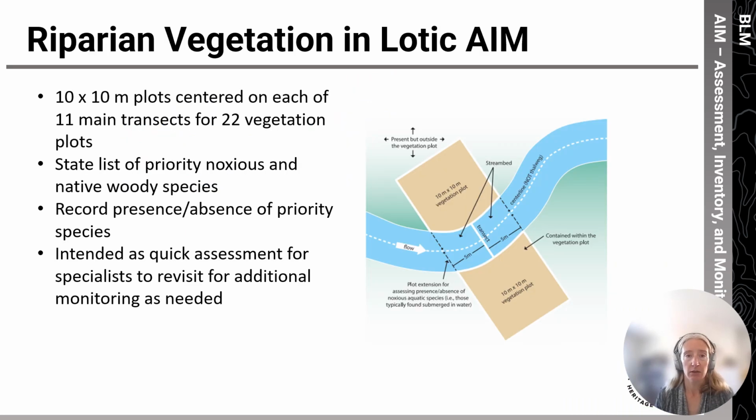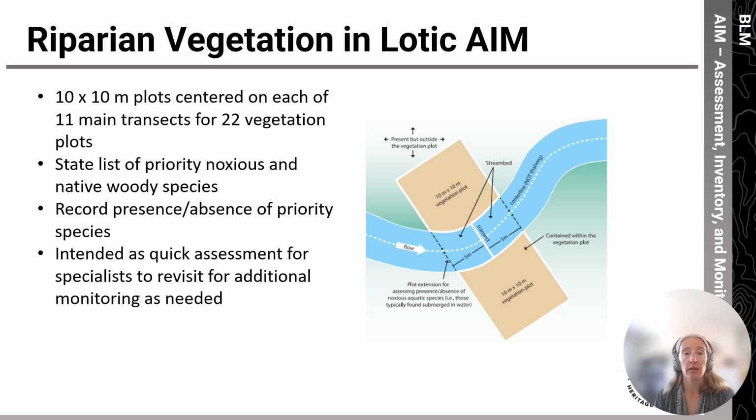One indicator I want to point out that is quite different in how we collect it in lotic versus riparian and wetland AIM is the riparian vegetation component of lotic AIM. On both sides of the bank at each of the 11 main transects, we evaluate a 10 by 10 meter plot.